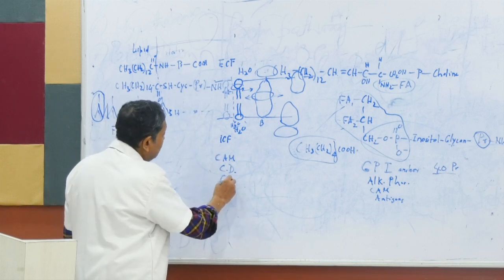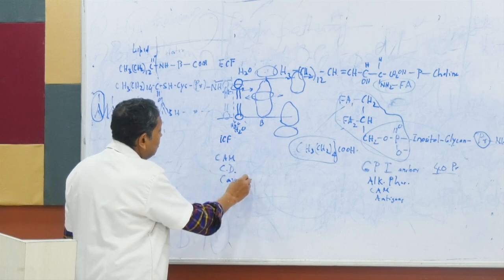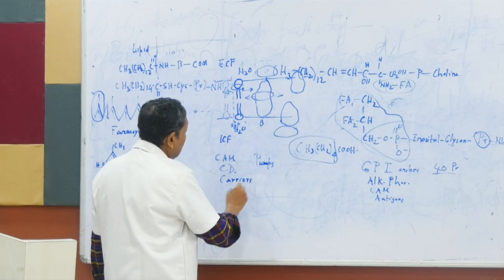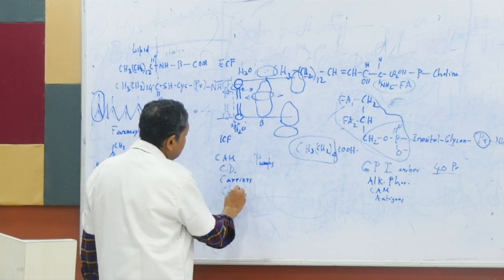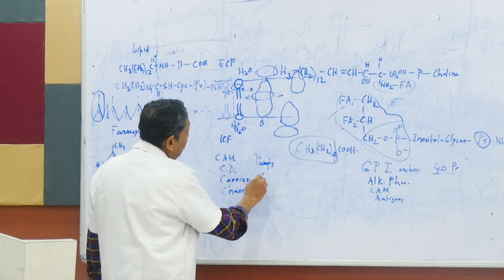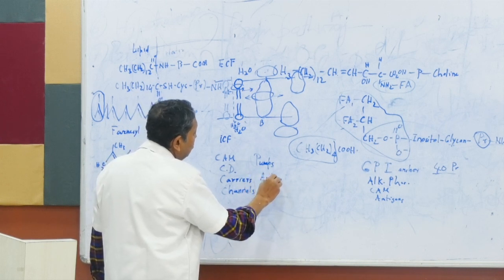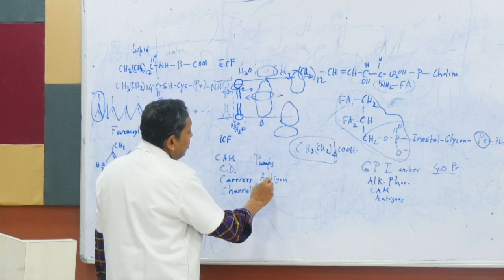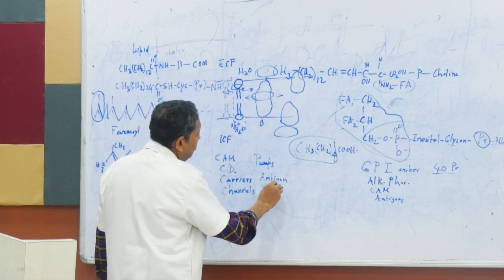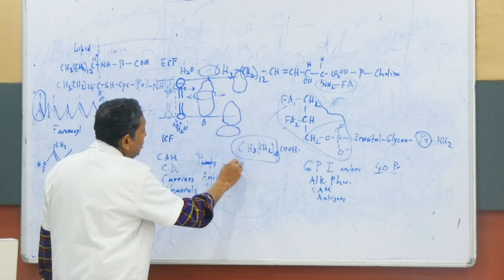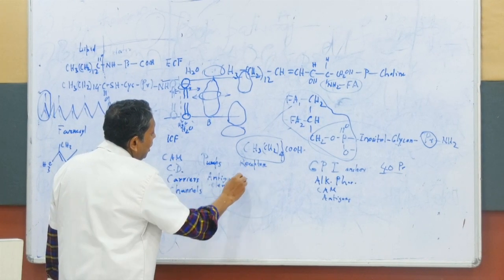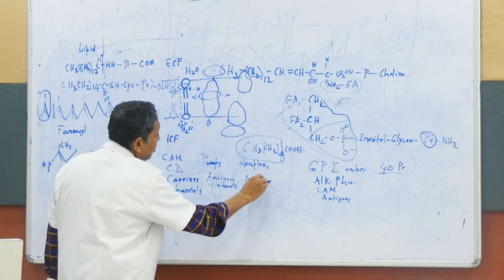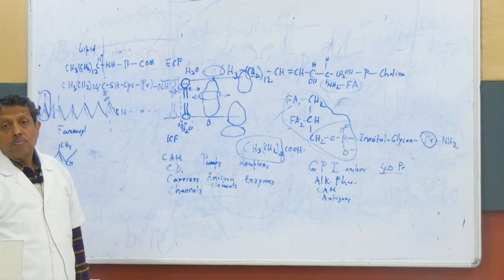And they act as carriers. Some are ion pumps, some are ion channels, some are antibody or antigen processing, related to immunity. Some are receptors, and some are enzymes. So they have different types of functions.